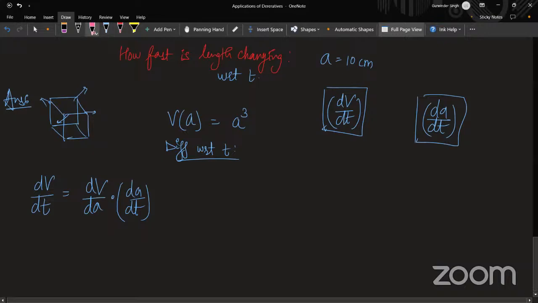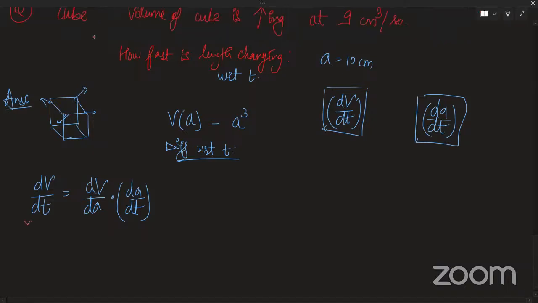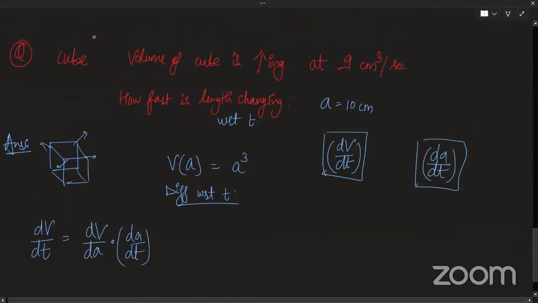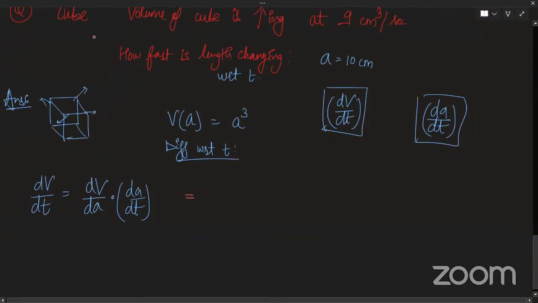Okay. So dV by dt means rate of change of volume with respect to time. Can you tell me what is the value of dV by dA? The derivative of V with respect to a. V is already a function of a, so what will be the derivative of a cube with respect to a? 3a square.